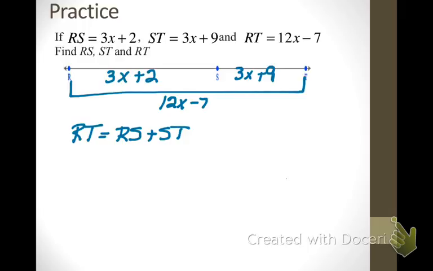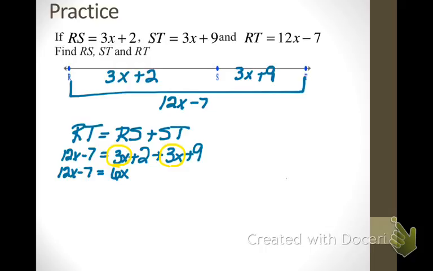So I'm just going to plug in the things that I know, just like I did on the last one, that 12x minus 7 equals 3x plus 2 plus 3x plus 9. Now, this is a little more complex, but you know how to do this. It's an algebraic expression. We've got some like terms that we're going to combine. So I've got 12x minus 7 equals 6x, because 3x and 3x equals 6x. And we've got some other like terms, which are our constants, so plus 11.